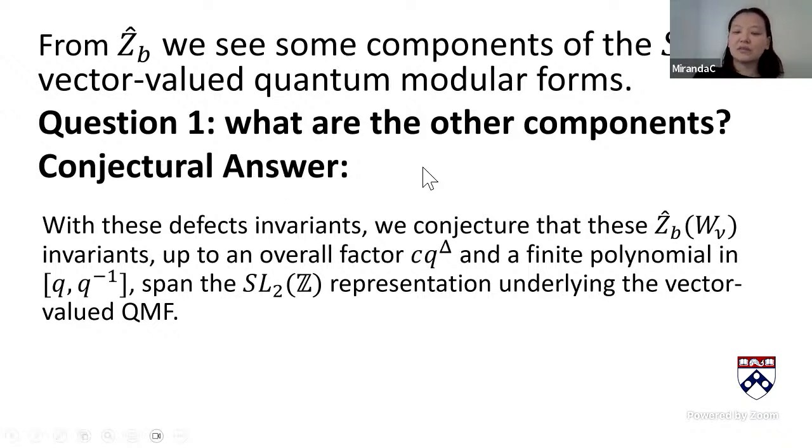The answer is stated in most general terms as a conjecture. Namely, if you include all these defect invariants, then indeed, up to some prefactors and potentially finite polynomials, the span of these Z-hat invariants without and with defects are exactly the span of the components of this SO(2,Z) vector-valued quantum modular forms.